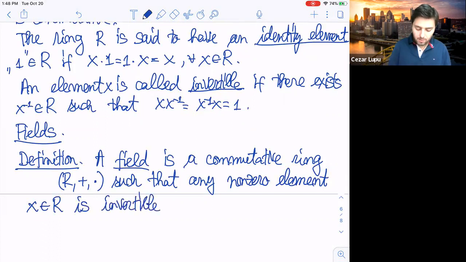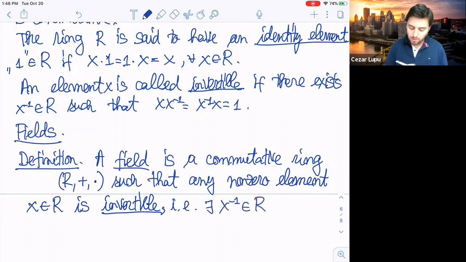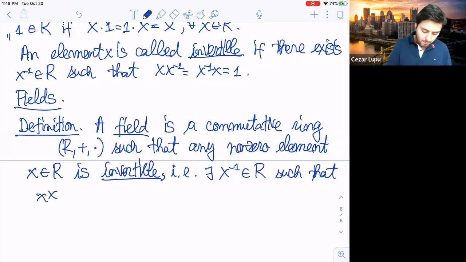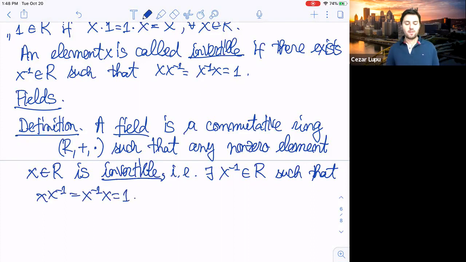So if I have a commutative ring with any non-zero element being invertible, when I say invertible, let me just say it again, there exists x to the -1 in R such that x x inverse is the same as x inverse x, which is the identity. So that's what it means.